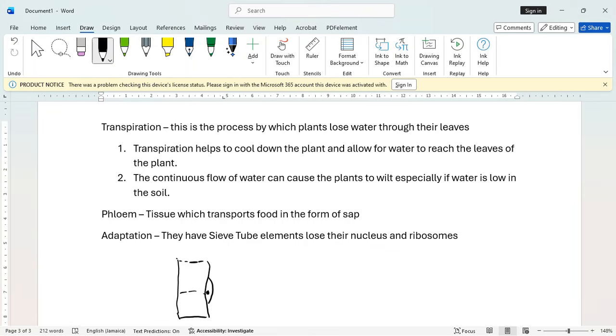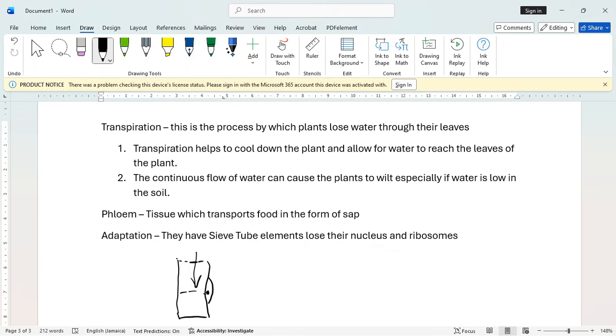So what it does, it allows for the free movement of the cell sap, the free movement of the food. Yeah? It's something similar to what happens in your red blood cell. Your red blood cell lacks most of the nucleus and the other organelles that would take up space. So its oxygen carrying capacity is much better.